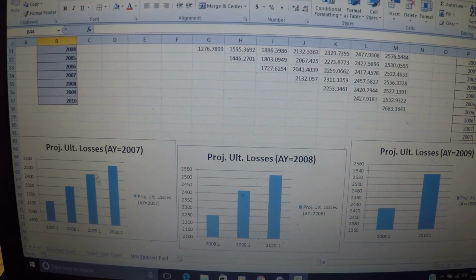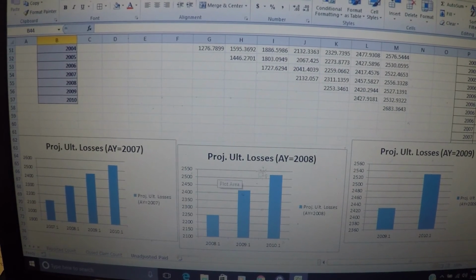As time goes by, my estimate was too low. I needed to set aside more money to cover the reported losses for accident year 2007. Finally, I get to the current year and I say, damn it, I was way off. I actually need to set aside almost $2,600 to cover my 2007 accident year losses.